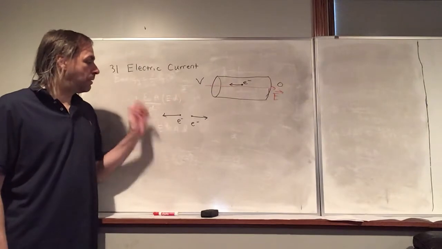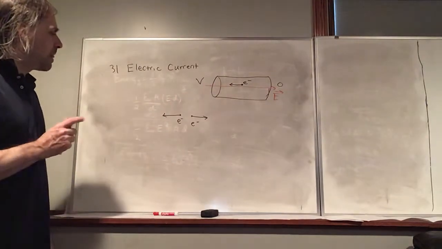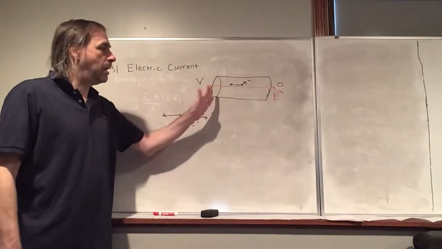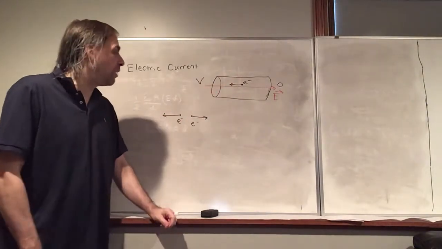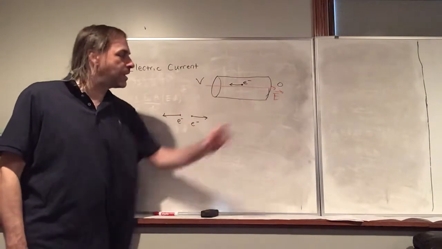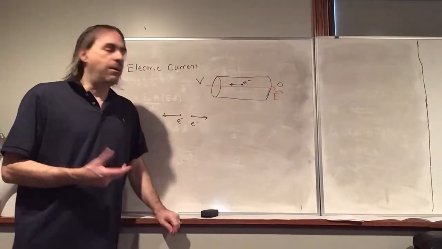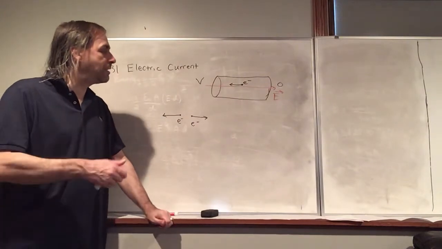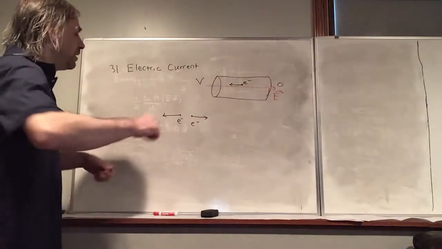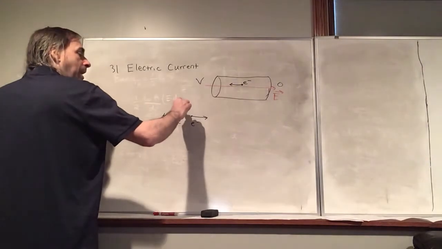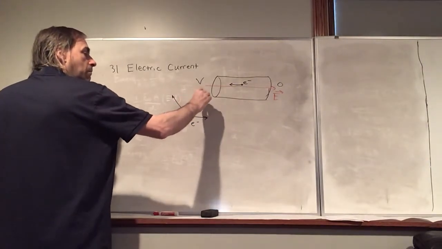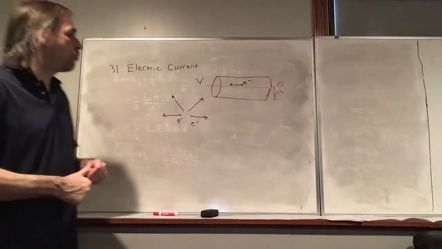Let's say that instead of just 2 electrons, we have a large number of electrons. Some are moving to the left, some are moving to the right. They don't have to move along the wire, though, because the wire has a finite thickness, so they can be moving in any direction. But on average, they're going in all directions with no preference.